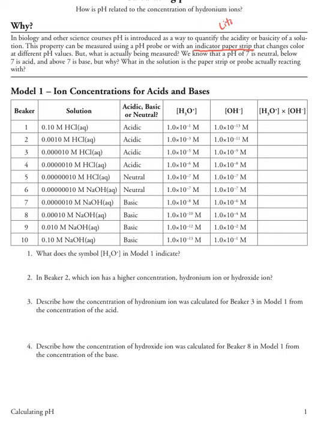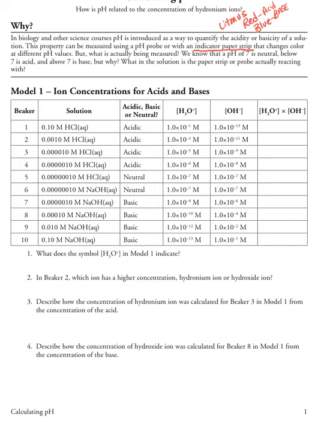One that is very common is litmus paper, which is either red or blue litmus paper. If red stays red or blue paper turns red, then it is an acidic solution. If blue paper stays blue or red paper turns blue, then it is basic.